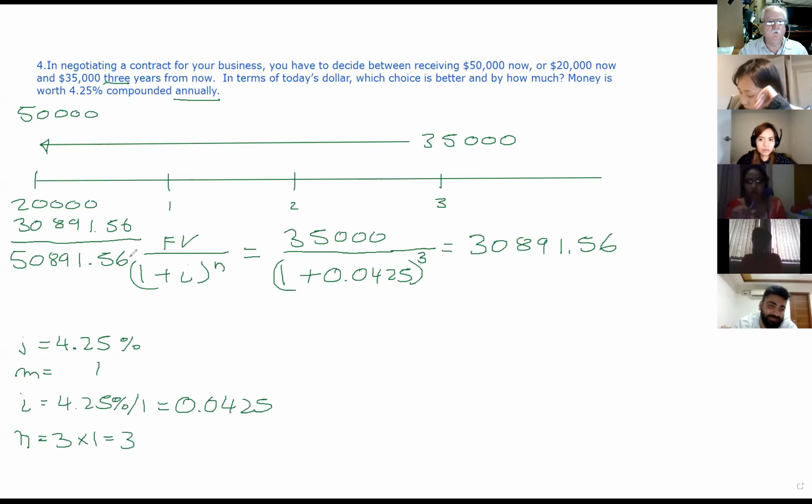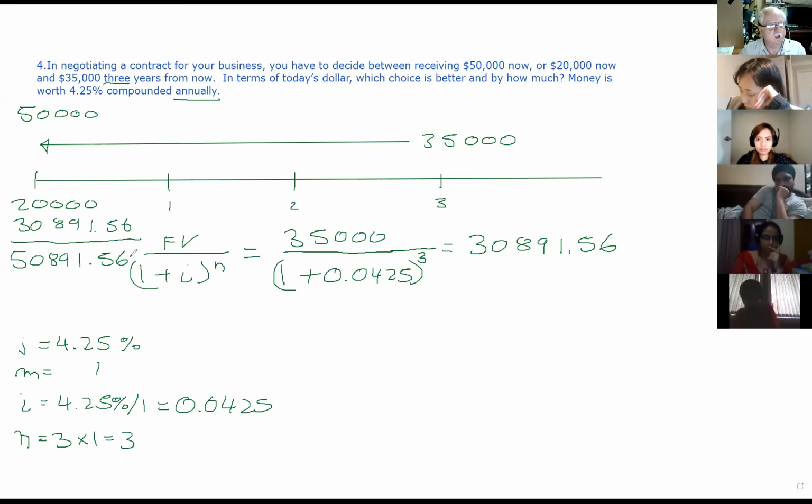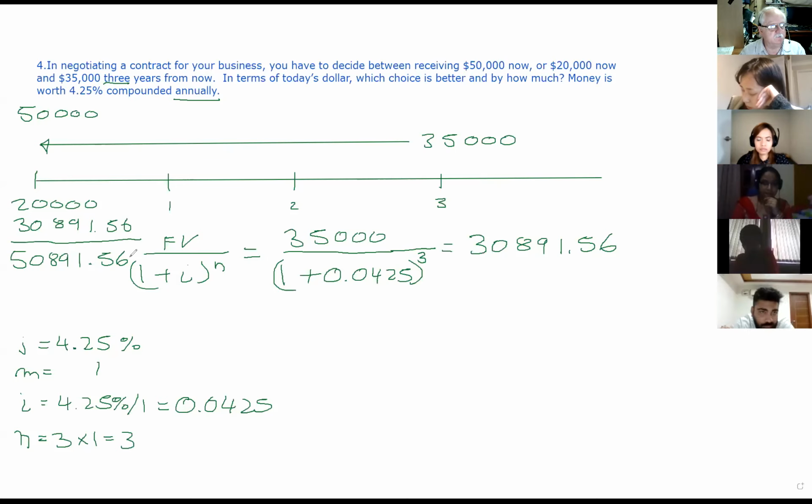And so to a large extent, a lot of these questions dealing with compound interest are questions where you're just moving money back and forth through time. And the whole point is that you cannot compare two values at two different points in time unless you move them to the same date.